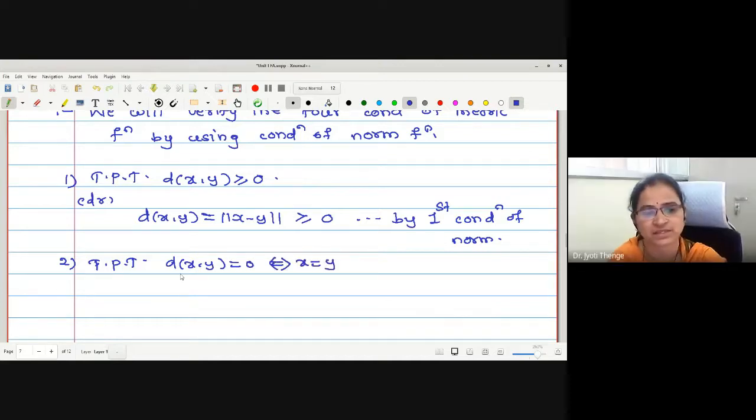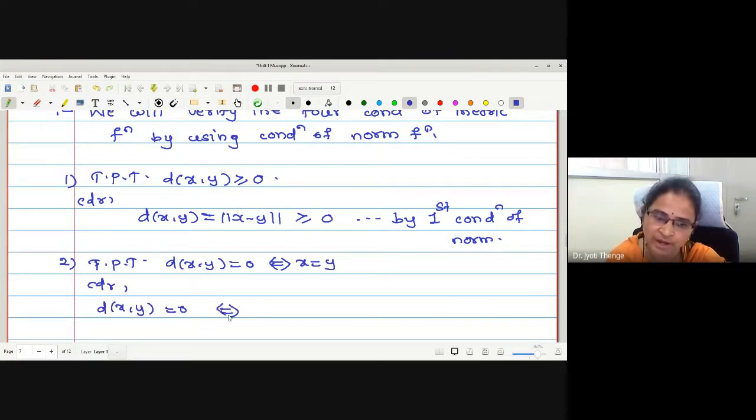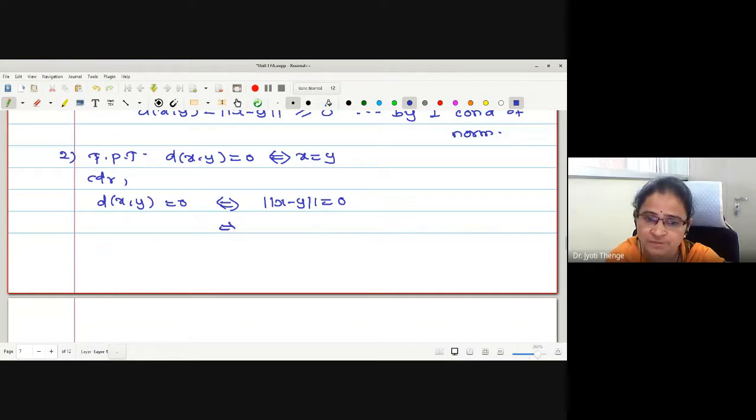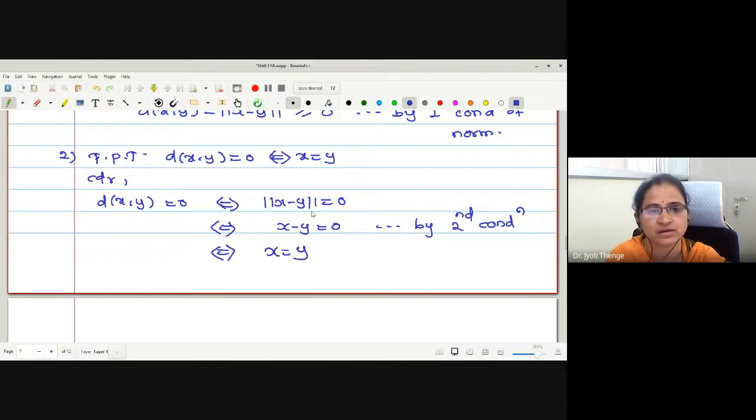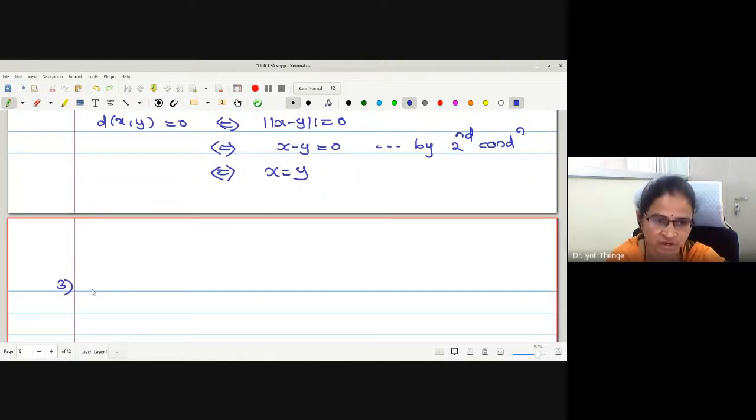I will start with d(x,y) equal to 0. According to my definition, it is norm of x minus y equal to 0. But what does norm of x minus y equal to 0 give? Second condition of norm: norm of x equal to 0 implies and is implied by x equal to 0. It gives you x is equal to y. Second condition verified. Third condition.